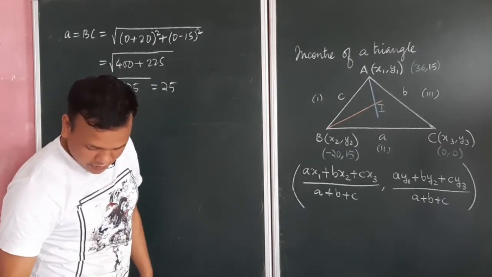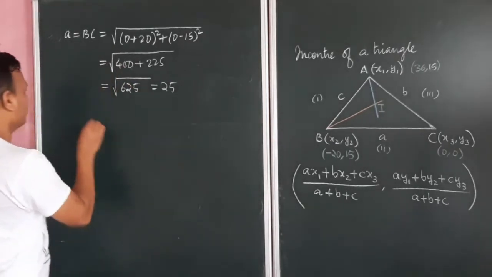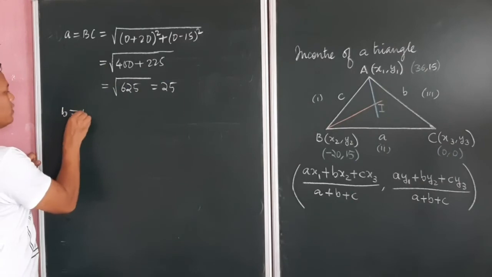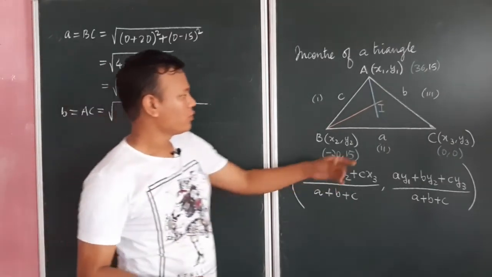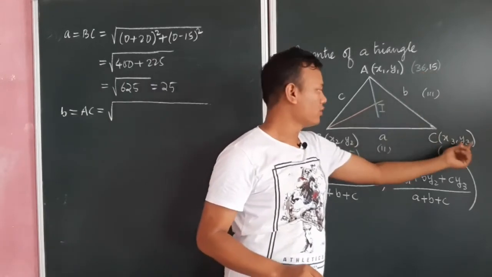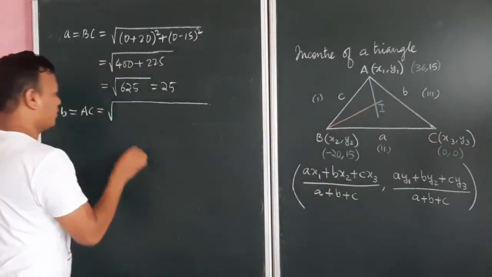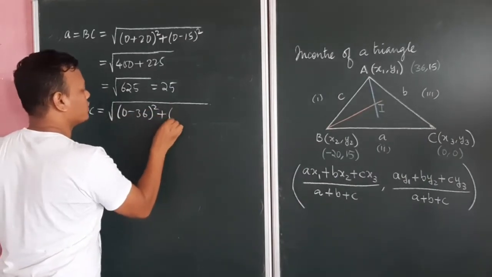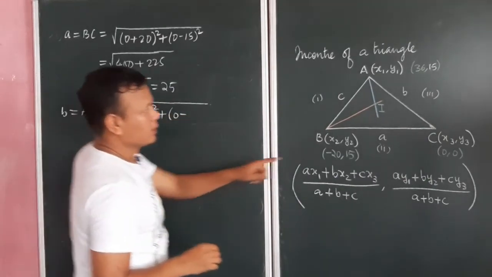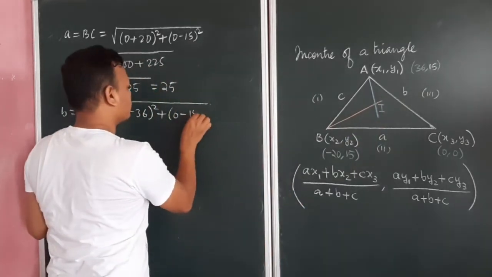Okay, so similarly let's calculate what is our B. B is AC, isn't it? So AC will be equal to, you can call this x1 y1, and this x2 y2. So we have 0 minus 36 square plus 0 minus 15 whole square, right?